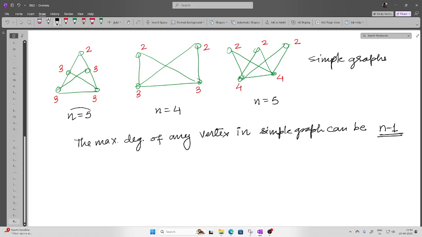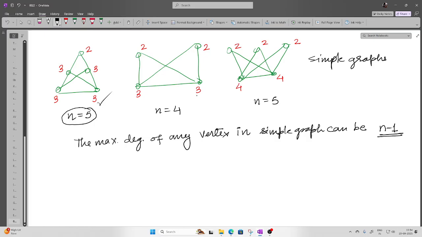So here, as the number of vertices is 5, n minus 1 should be 4. So the maximum degree which any vertex in this particular graph can have is 4. And we can see that all the vertices in this graph have degree less than 4. So this is again a valid graph.